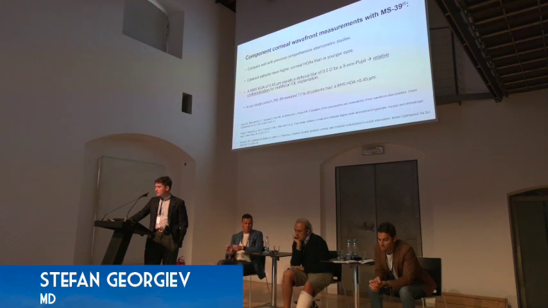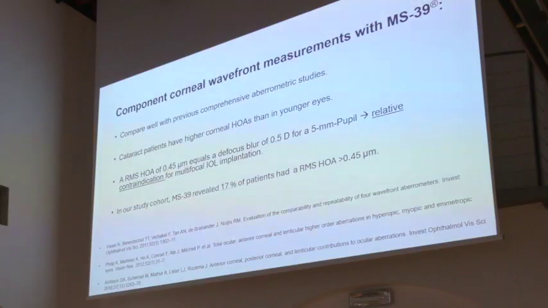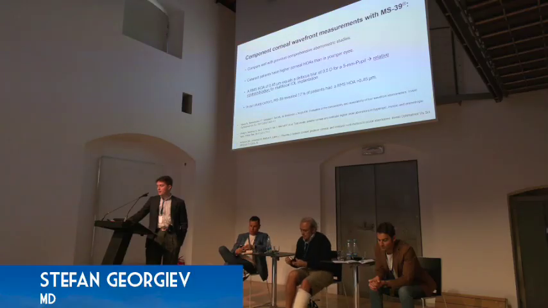This is relevant because, number one, it compares well to other aberrometric studies in younger patients, but number two, cataract patients usually have higher amounts of higher-order aberrations than younger patients. This is not unexpected because the cornea becomes less regular with age.